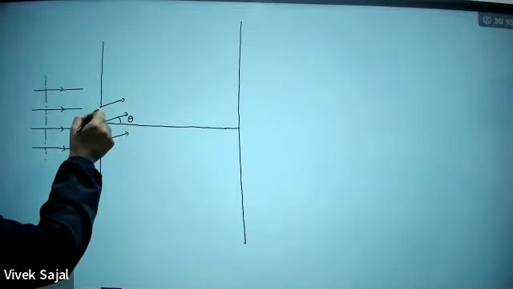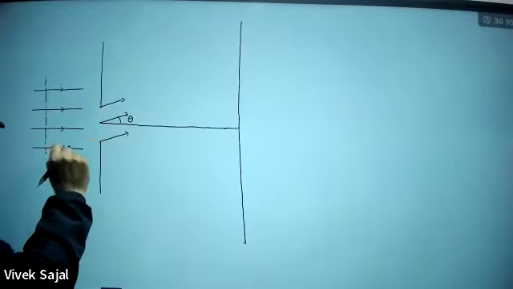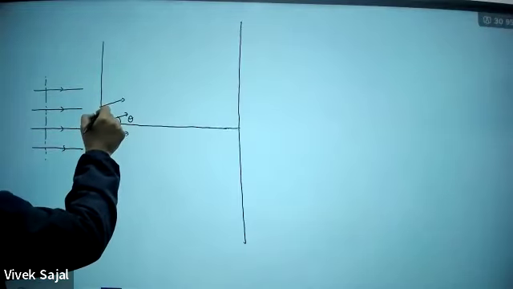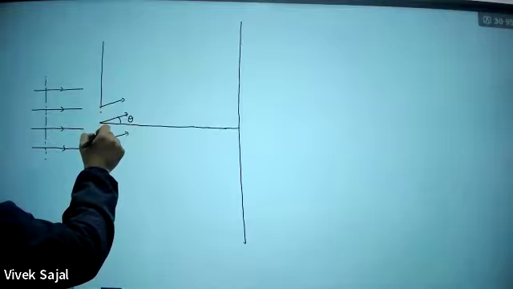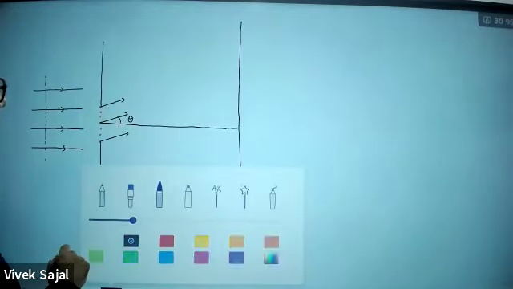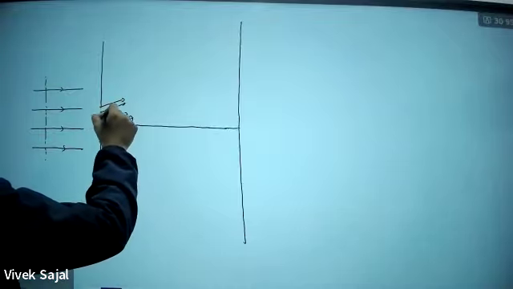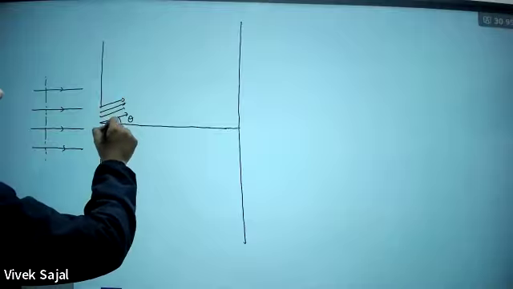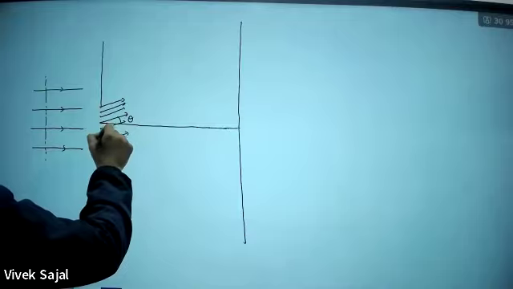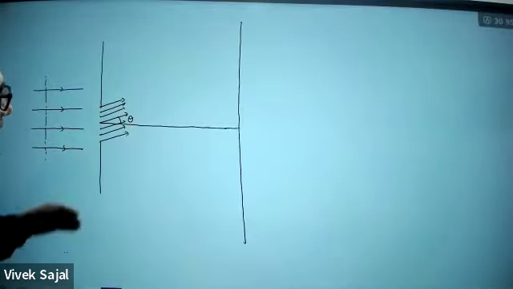And try to understand, in between these there are a large number of point sources. From every point source, you can consider the part of the wavefront that is propagating in this direction. So I'm considering the part of the wavefronts which are emitted from this single slit.